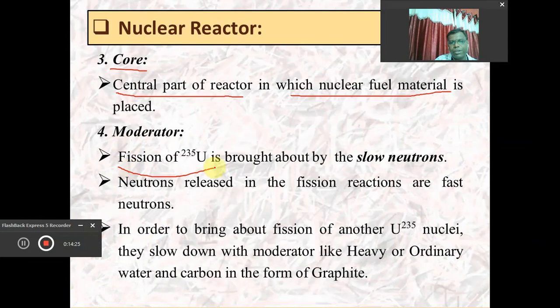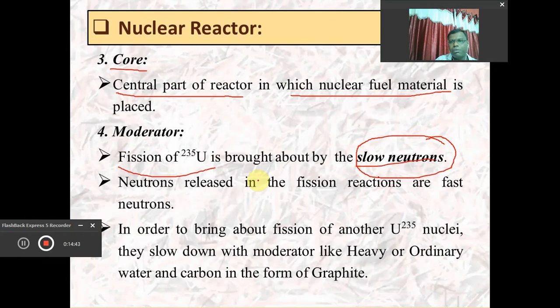Actually, the fission of uranium is because of the slow neutron. Means for nuclear fission we require slow neutrons. If the slow neutrons are not there, definitely the fission of the heavy nucleus is not possible, and we will not get the nuclear energy.